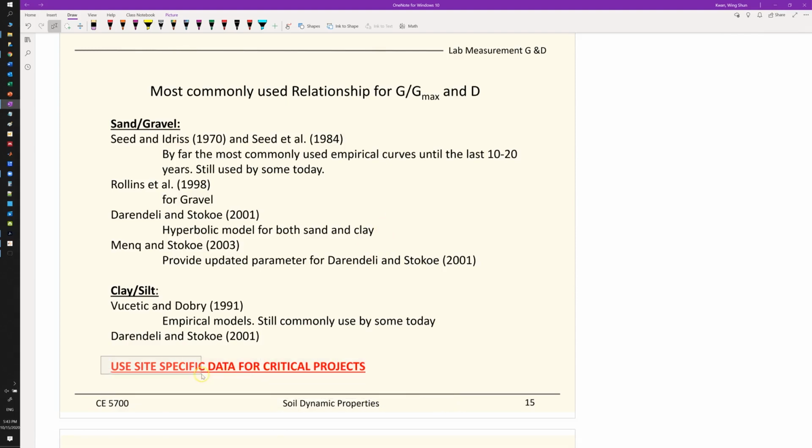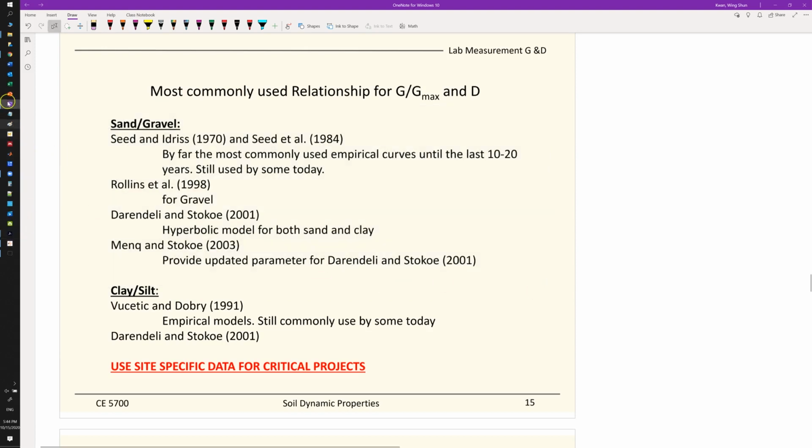But usually those data obtained from field and lab testing are only for very critical projects where you can pay a lot of money to establish it. For preliminary design, or for a typical project, we will use those existing available either established curves or use empirical correlations.